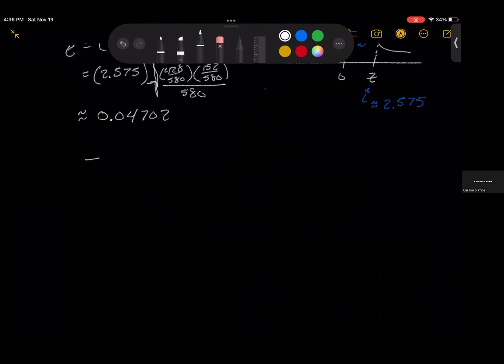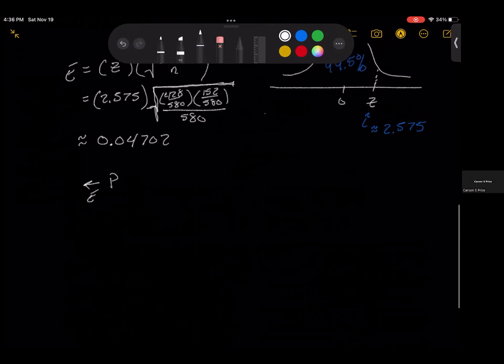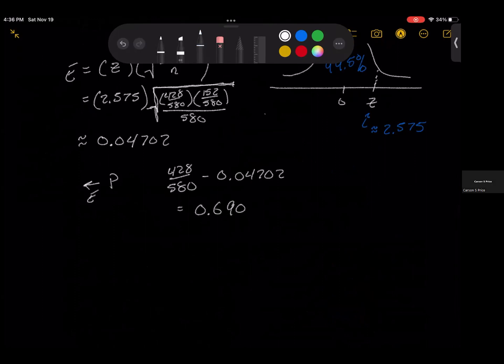So if I move to the left by E, away from the measured proportion p, that is 428 over 580, minus that error, 0.04702, I get 0.690911.